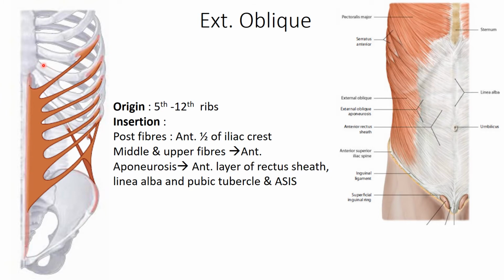Here it is only the anterior layer of the external oblique aponeurosis which wraps the rectus abdominis muscle, forming the rectus sheath. And the lower border is a fixed one, lying between the anterior superior iliac spine and the pubic tubercle to form the rolled inguinal ligament.